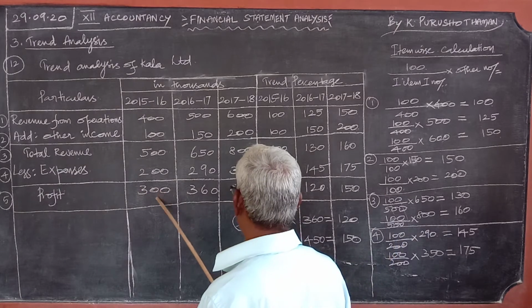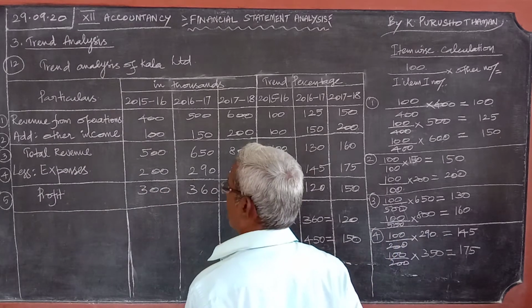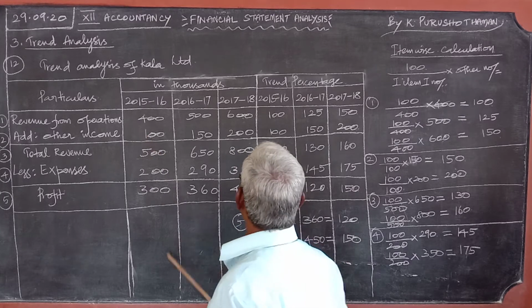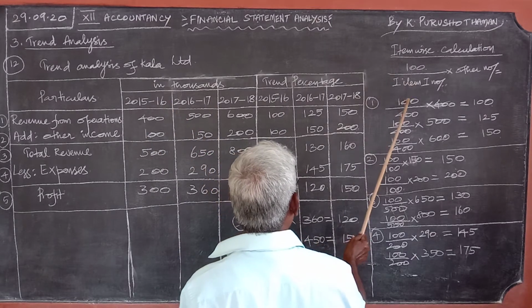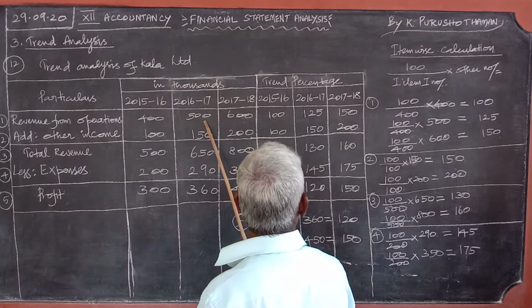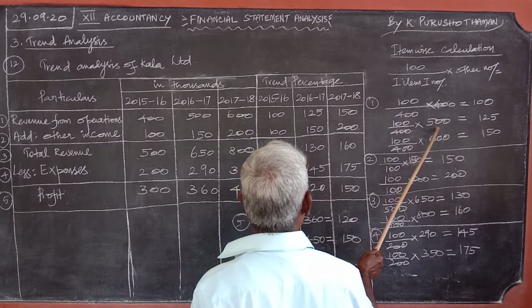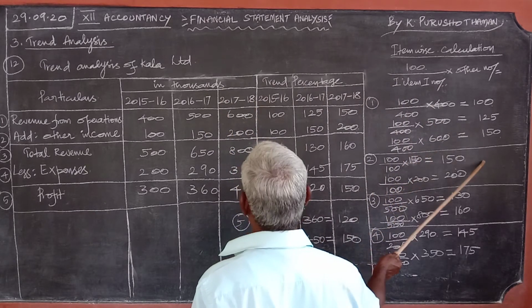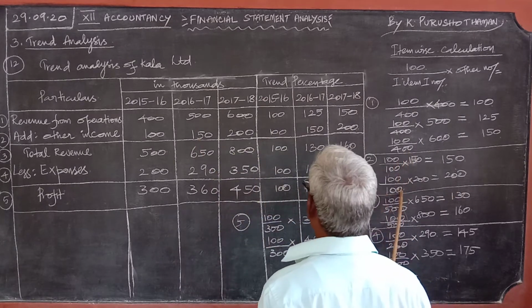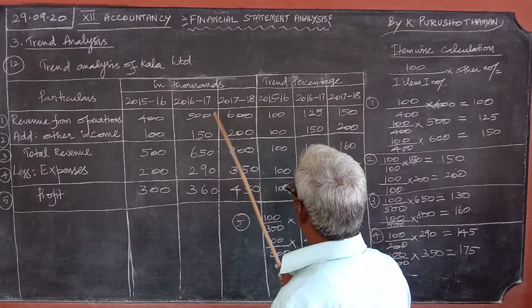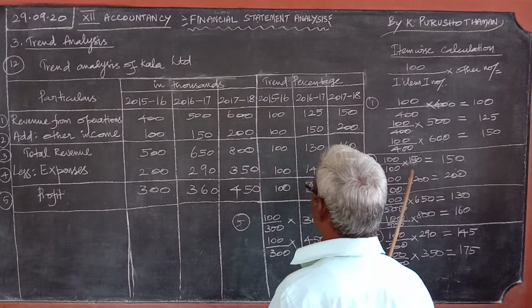If you take profit, 100 by 300. For the first year we write 100. For the second year, the first year formula into 500, into 500, into 600. Then the second one, this formula 100 by 100 into 150, into 200.